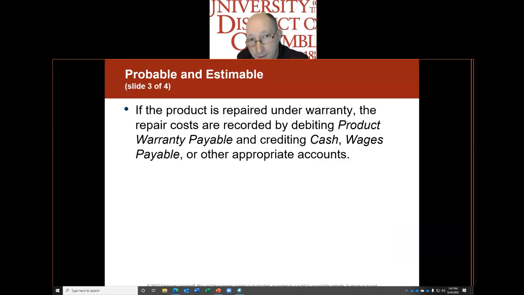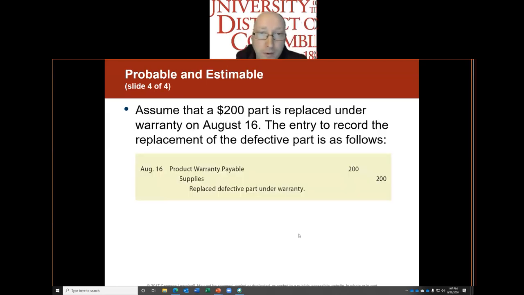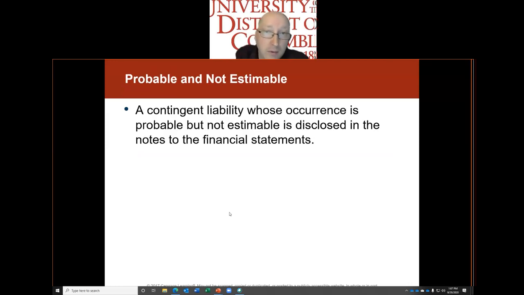I estimated that 5% of my sales will go through the warranty process. And you can estimate things like, and we learned about this in the previous chapter, when we estimate a percentage that we will not be paid back, right?